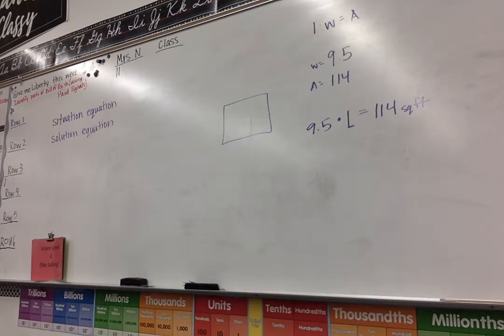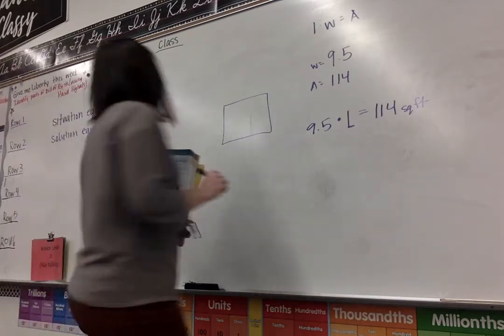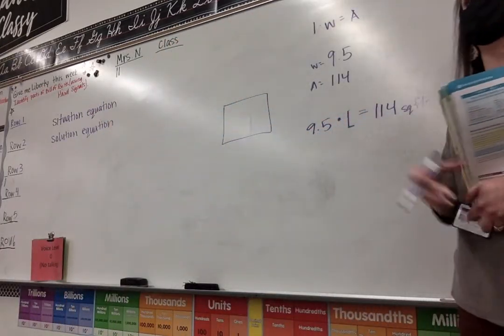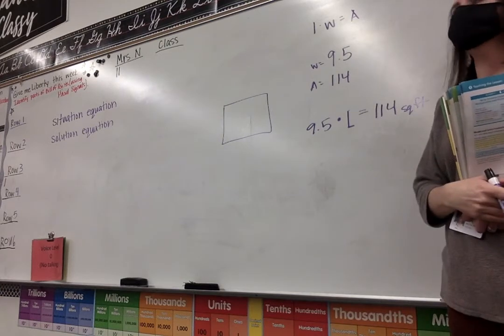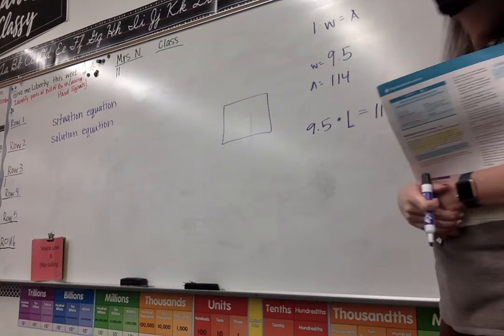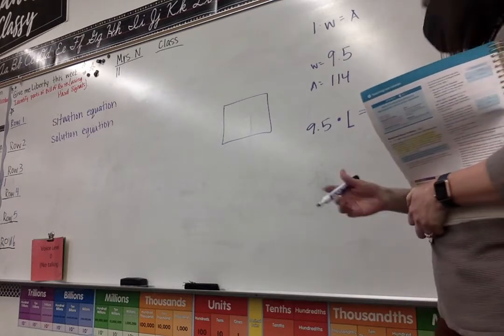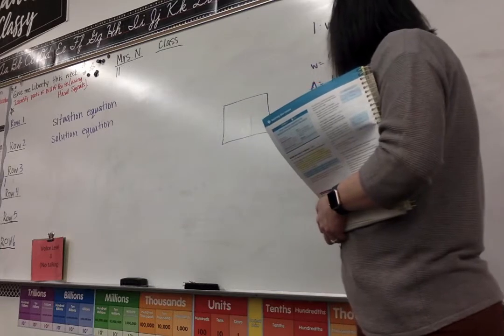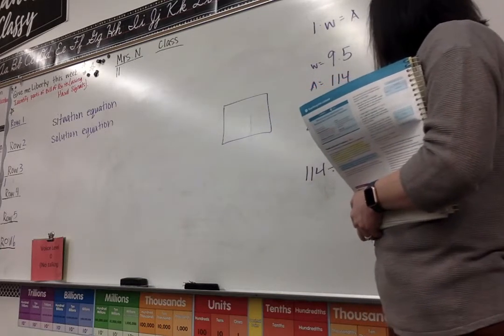Okay, so for our solution equation, eyes are right up here in the front. Voices are off. Our solution equation should look like 114 divided by 9.5 equals the length.